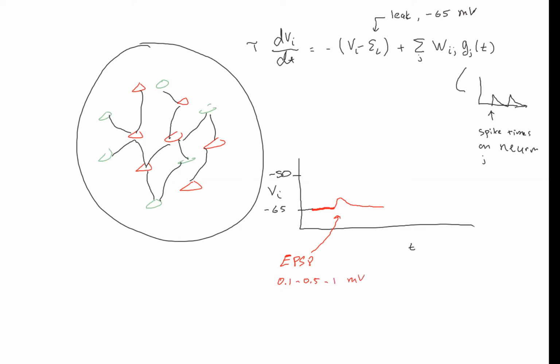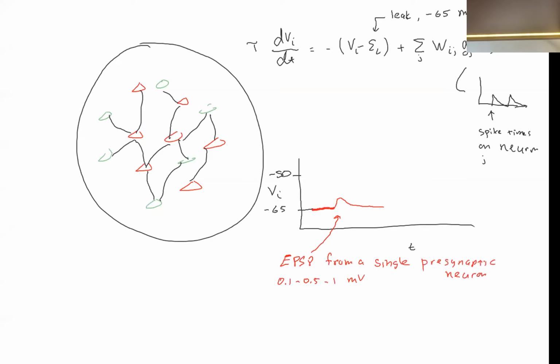So it's sort of in the 1 millivolt range. This is the EPSP from a single neuron, out of about 1,000 other neurons, or about 1,000 terms in the sum. If one of those neurons spiked and none of the others, you'd see this little blip here.